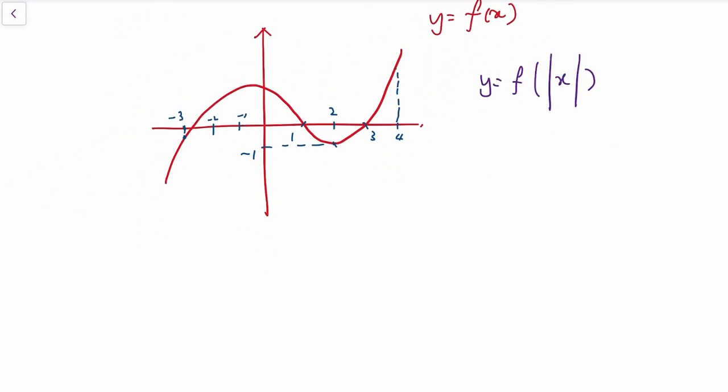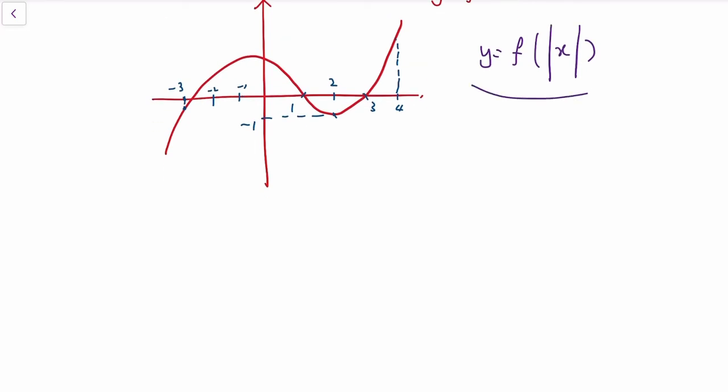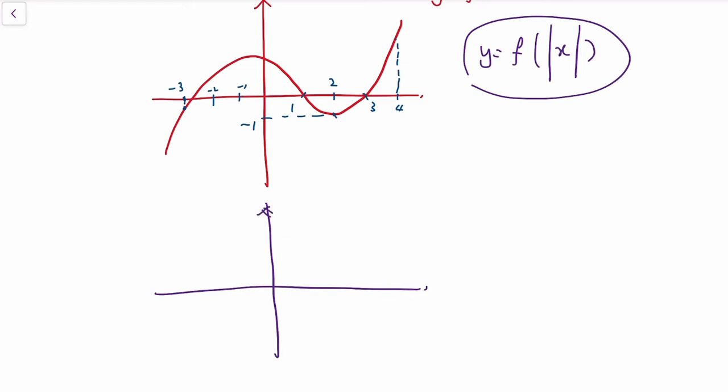Now, how should this graph look when we draw f of absolute x? Think about how a graph is drawn. We draw a graph by substituting different values of x into the function and seeing what y value we get, so we can plot points and eventually get a graph.